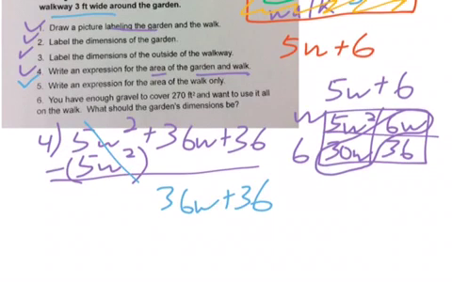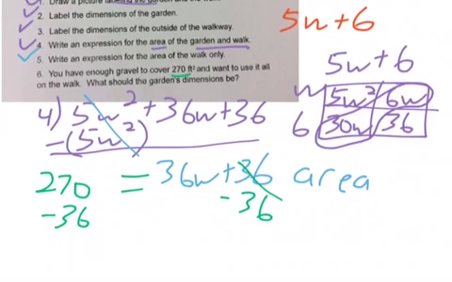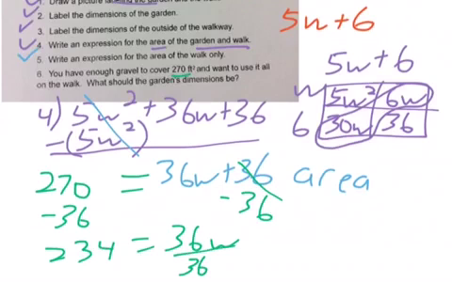And then 6 says, see, this is my area, this number I just got. It's the area of the walk. And the question says, I'm going to use this much gravel to cover the walk. So I'm just going to set that equal to the area that they gave me here, the 270, and I'm going to solve for W. So minus 36, and then I get 234 equals 36W, and I divide by 36.